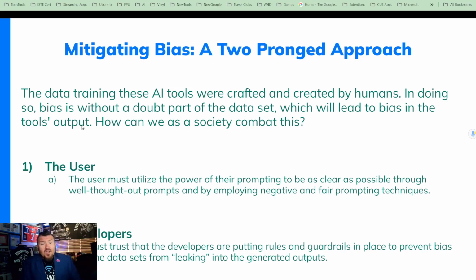Well, the user can utilize the power of prompting to be as clear as possible through well thought out prompts by employing processes like a negative prompt or a fair prompt. Like a negative would be something such as do not include, right? Fair prompting would be utilizing language that may not be gender specific. For example, in my vocabulary, when I'm looking for the mail, I say, did the mailman come?